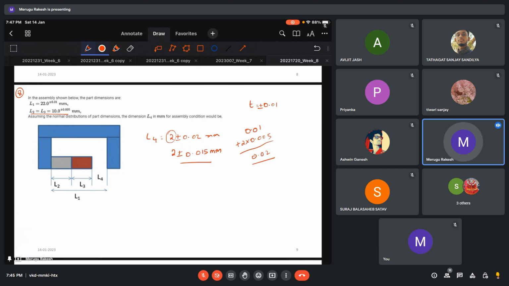That question can be linked with this tolerance stack. Suppose I have a 0.001 mm thickness on this object. I'm just immersing it in the solution so that I get a thickness of plus or minus 0.001 mm. So what would be L4 in that case?